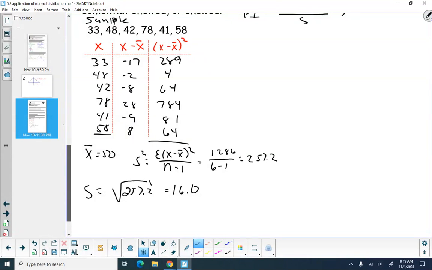Then we calculate the median. So we have to list from least to greatest.